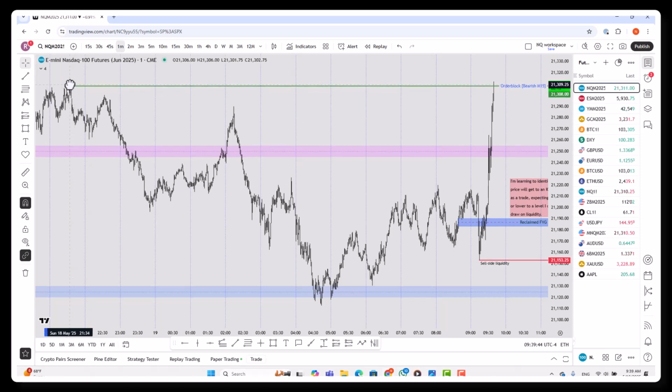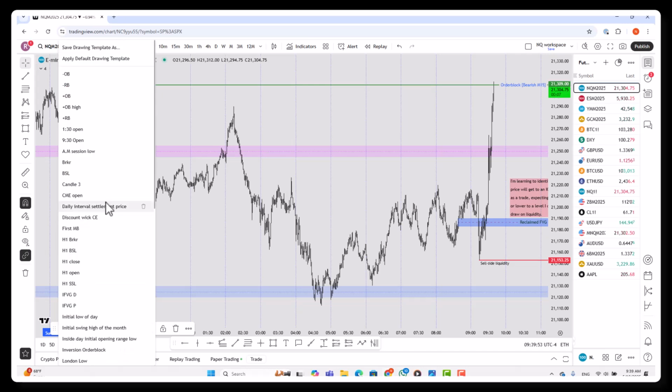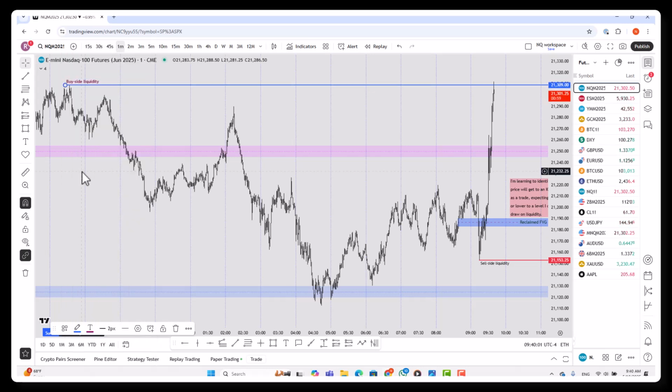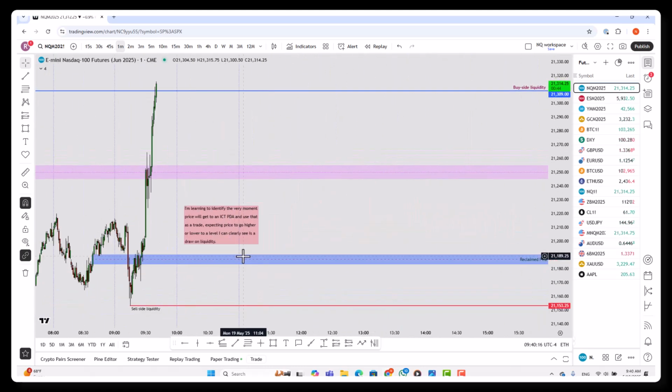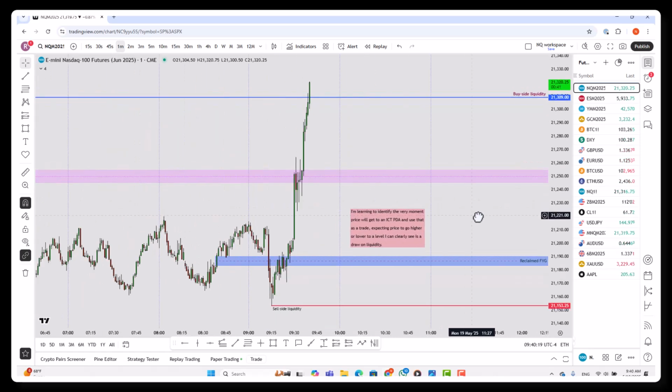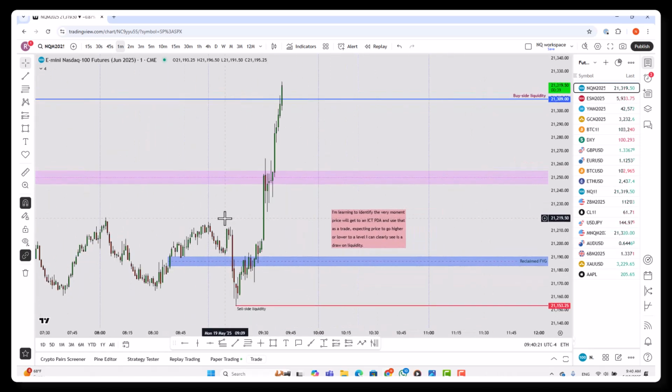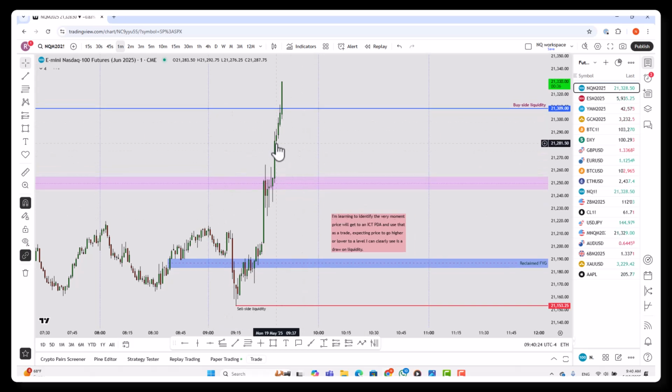So right here, buy side liquidity. Here we're not even returning to this fair value gap.